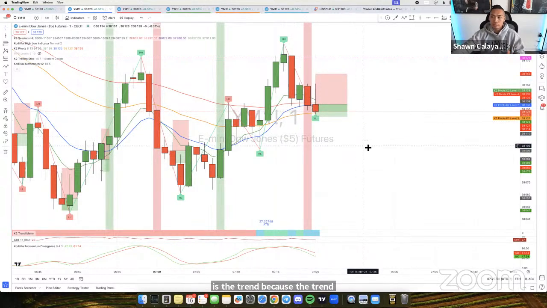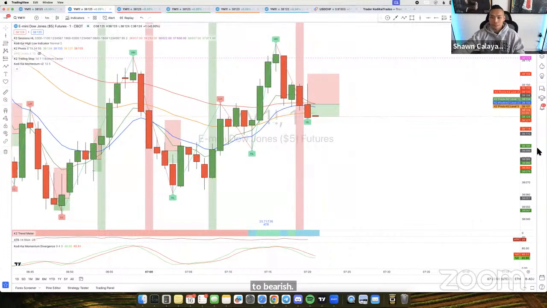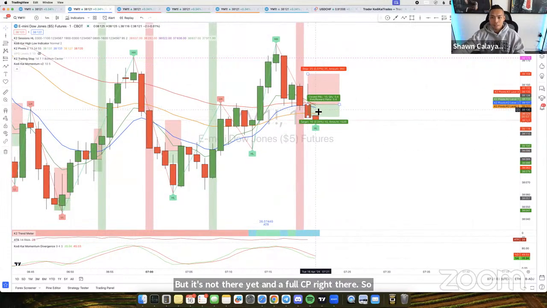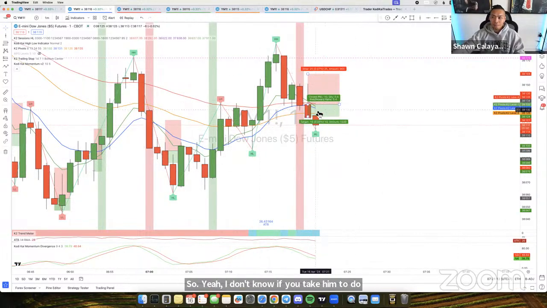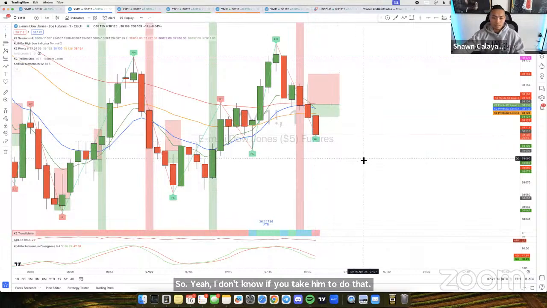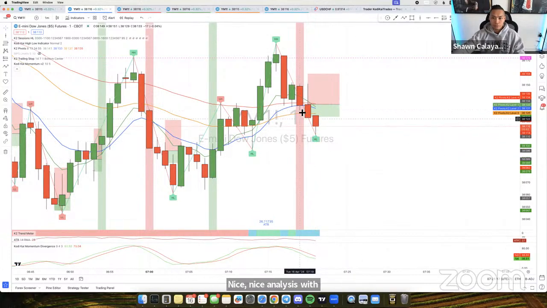It's shifting back to bearish, but it's not there yet. And a full TP right there. So nice work. I don't know if you took that, Madhu, but this is from your analysis right there. It actually works out really good. That's all you right there, bro. Nice analysis with your little theory there.